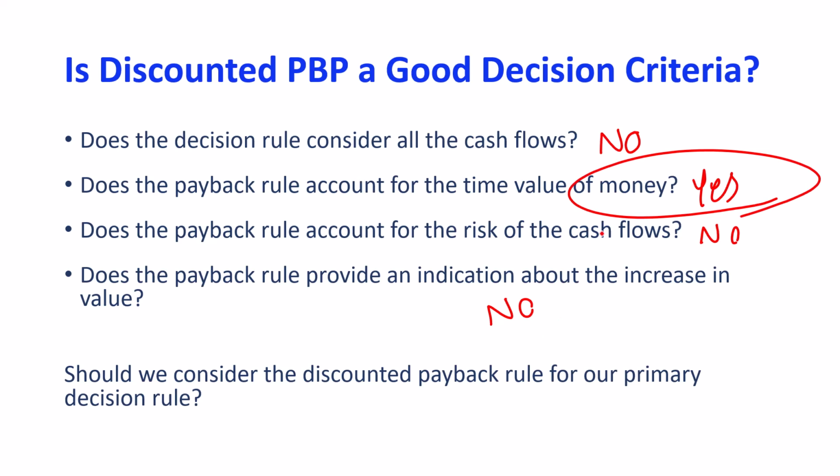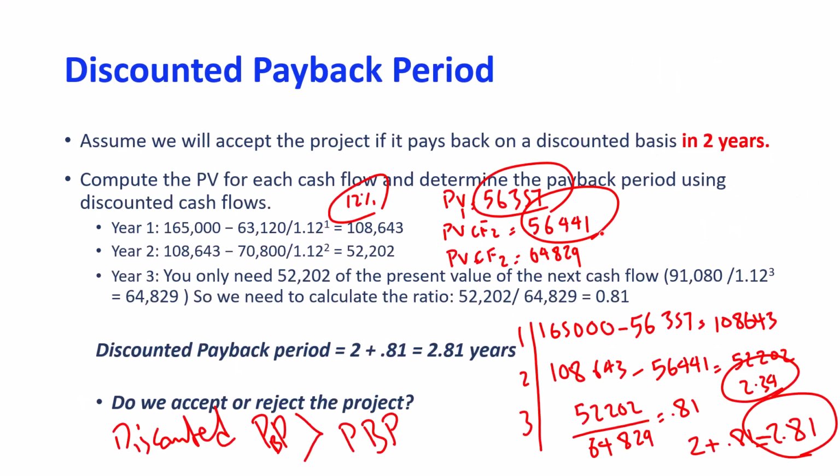And since you've already calculated the present value of the future cash flows, then why not use the NPV? You go through all this trouble to calculate the present value of the future cash flows, and then you find the discounted payback period. You can actually find the NPV with the information that you already have. So you might as well calculate the NPV instead of the discounted payback period.